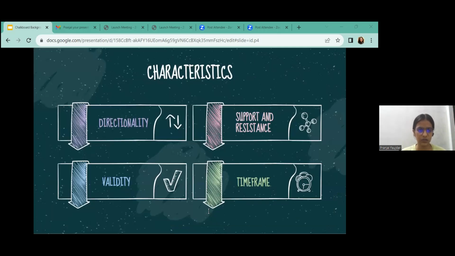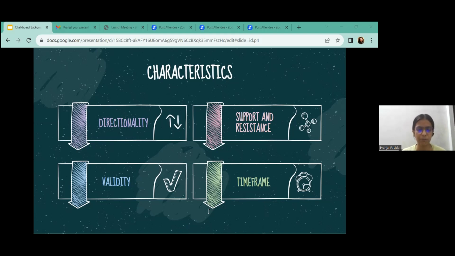Next, these are some characteristics of trend lines. First is directionality. A trend line provides a clear visual representation of the general direction of our data. Next is support and resistance. Trend lines act as support in uptrends and resistance in downtrends.